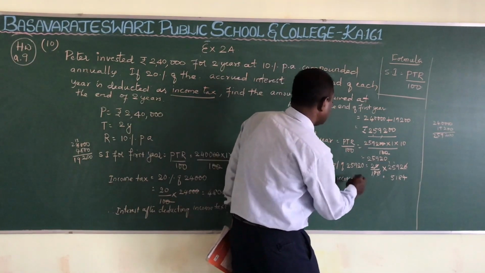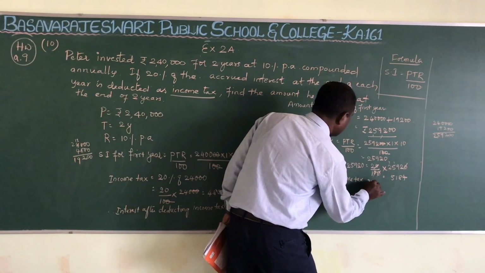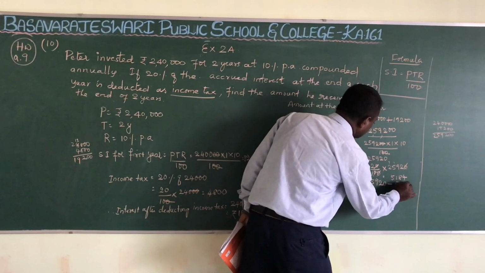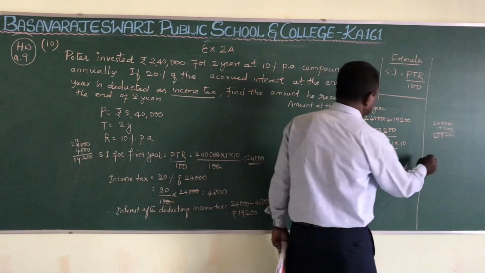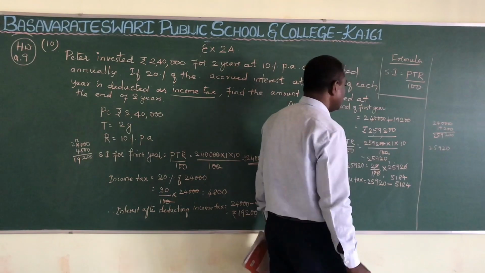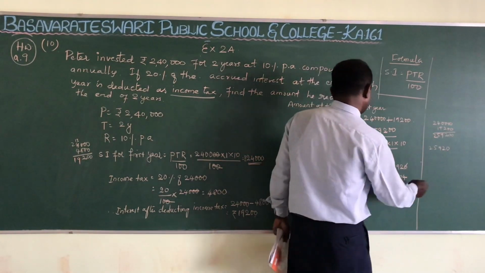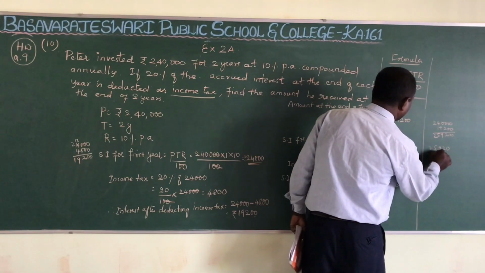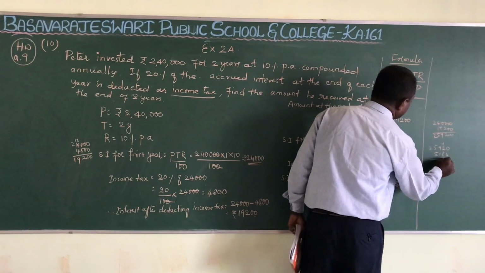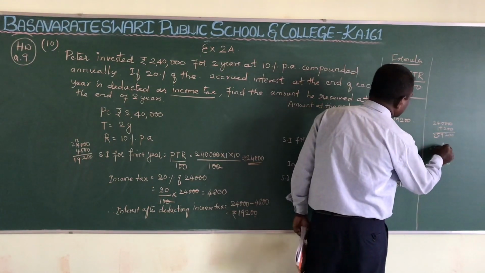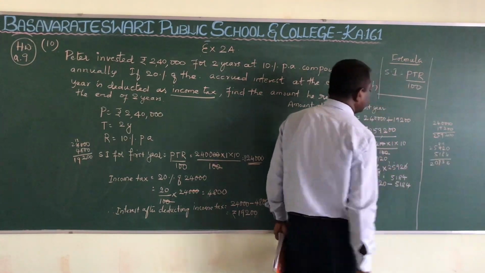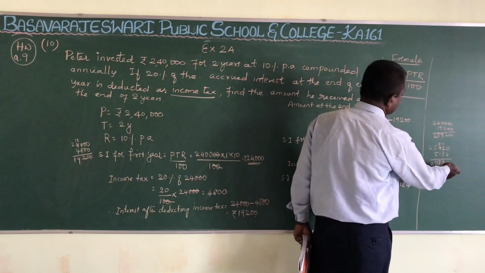So what happens now? 25,920 minus 5,184. 10 minus 4 is 6. 11 minus 8, 3. 8 minus 1, 7. So 20,736.